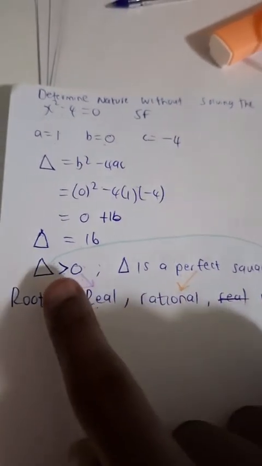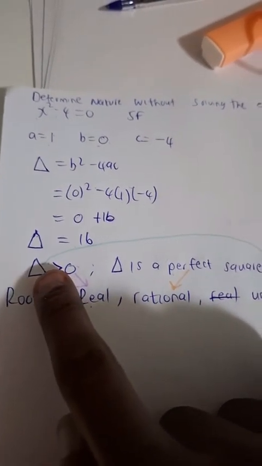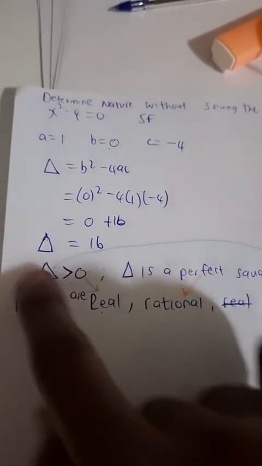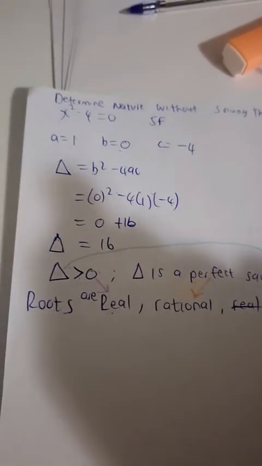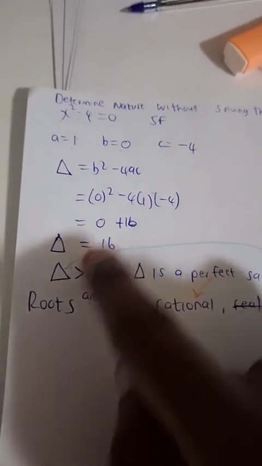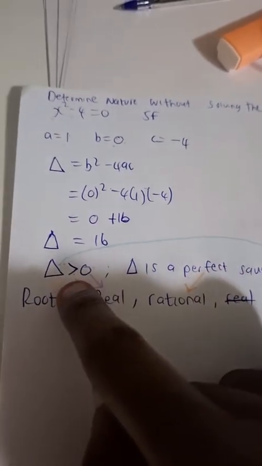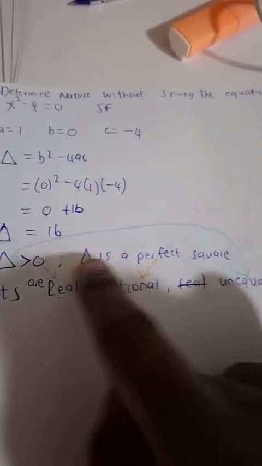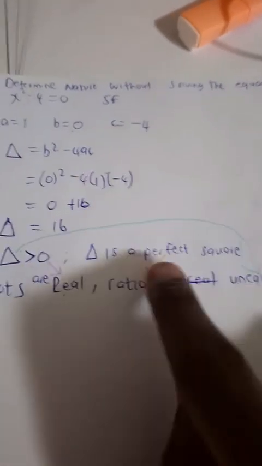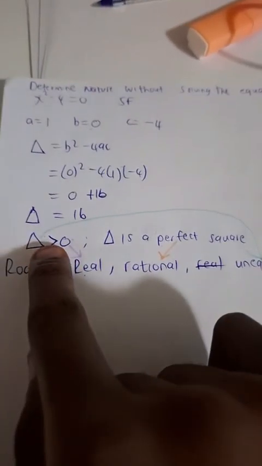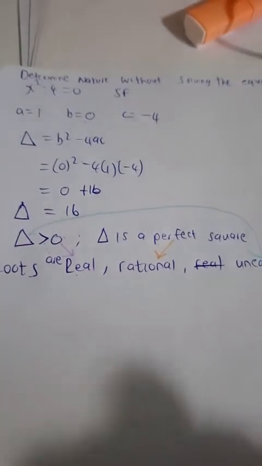Step 6, say something about delta. About it being greater than 0, you state it if that's the case. If it was equal to 0, you'd say delta is equal to 0. If it's less than 0, you'd say delta is less than 0. Then say something about it being a perfect square or not. And then lastly, you comment on the roots on the basis of these two things. That's it.